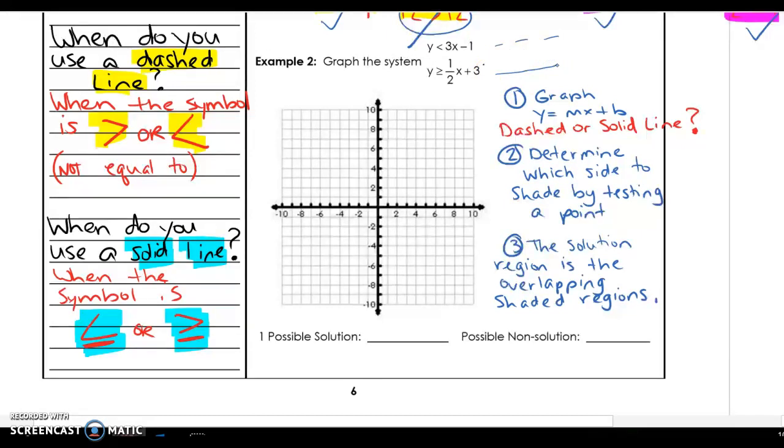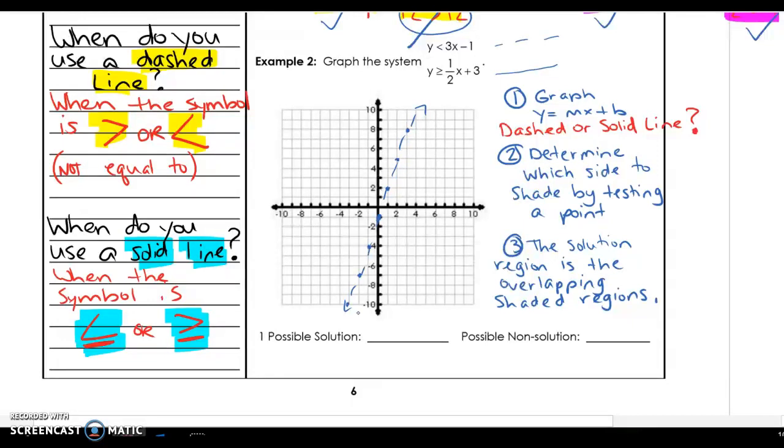So the first one, y is less than 3x minus 1. I'm going to use slope-intercept form to graph the line, and then I'm going to dash the line, indicating that points on the line are not solutions.